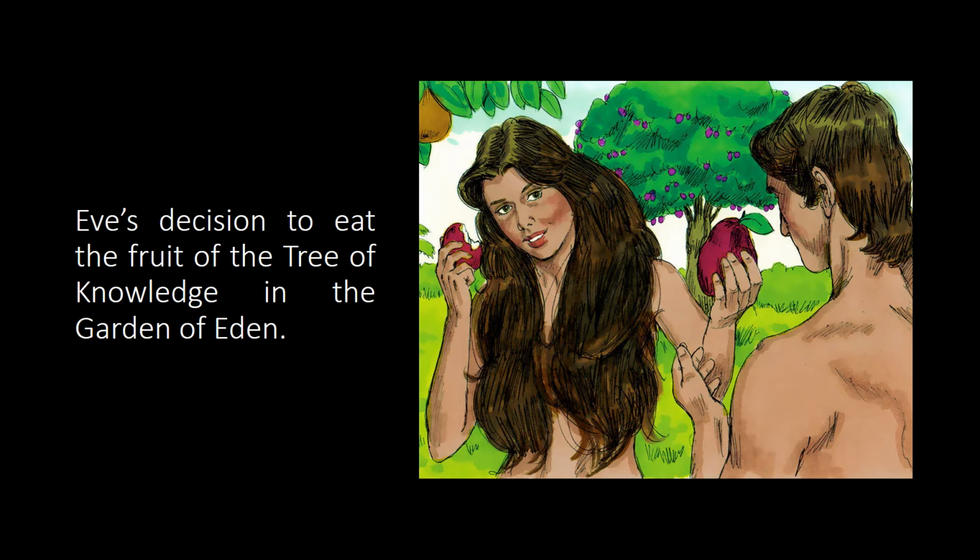So a classic example of human act is Eve's decision to eat the fruit of the tree of knowledge in the Garden of Eden. Again, if we say human act, it involves understanding and free will. So in this scenario, Eve's free will and understanding is involved. Though, ang instruction sa kanila is not to eat that fruit of the tree of knowledge.